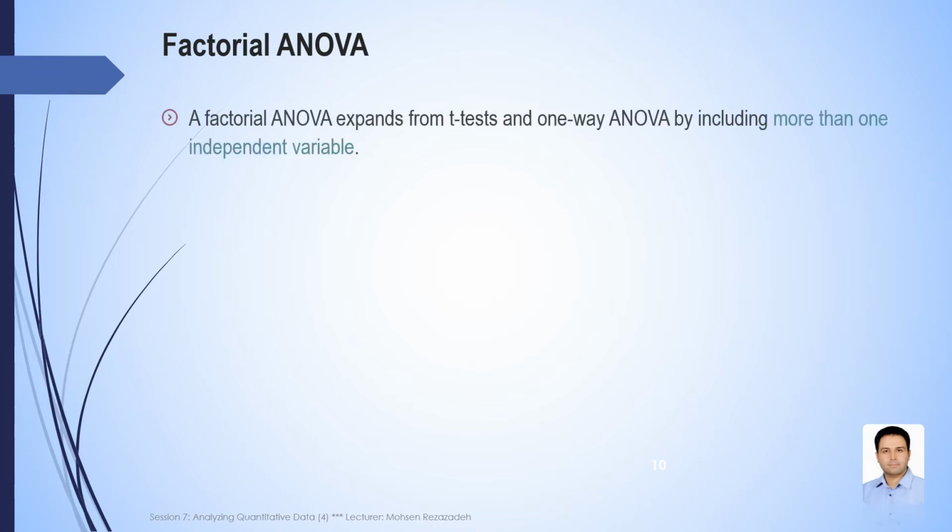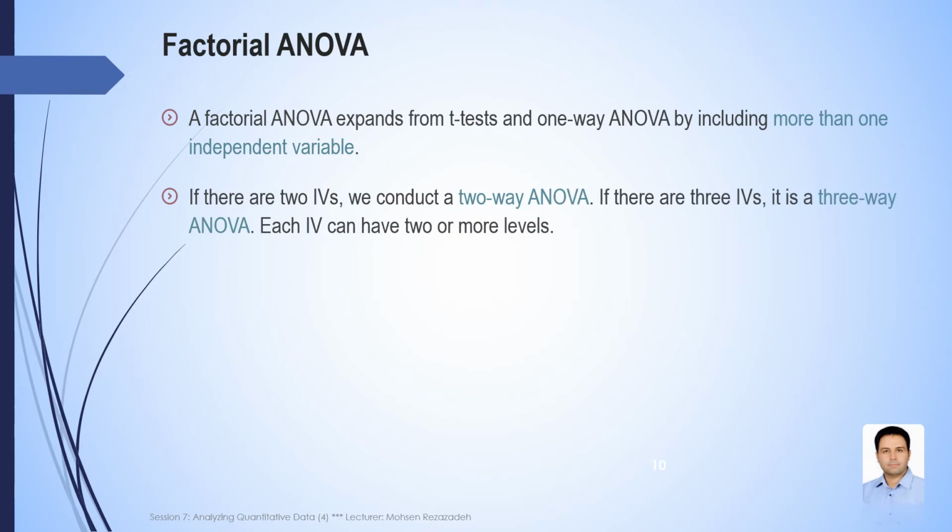A factorial ANOVA expands from t-test and one-way ANOVA by including more than one independent variable. So if there are two independent variables, we conduct a two-way ANOVA. If there are three independent variables, it is a three-way ANOVA. Each independent variable can have two or more levels.